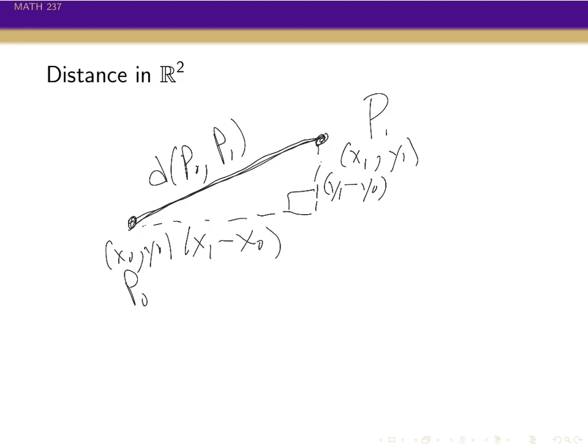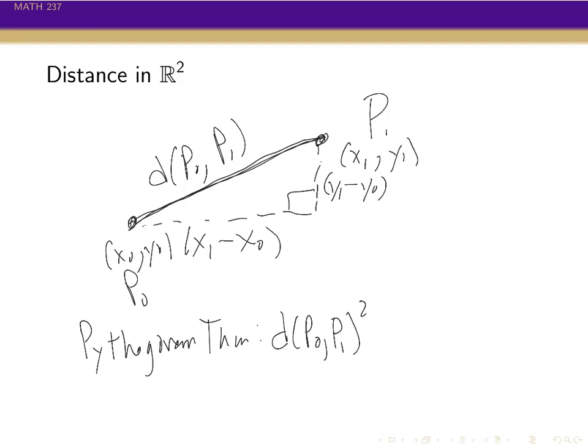And then the Pythagorean theorem says that the distance between the 2 points squared is going to equal the length of the bottom, (x1 minus x0) squared, plus the length of the vertical side, (y1 minus y0) squared.